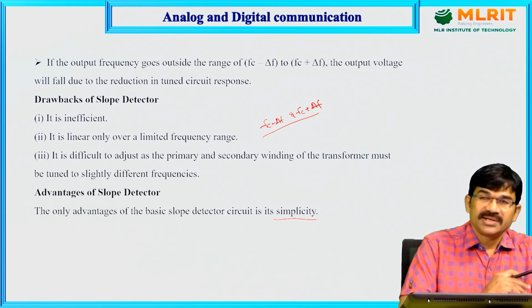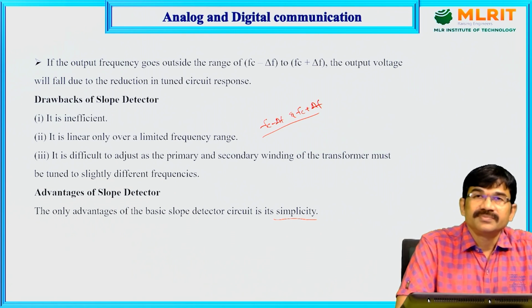In today's class, what is the function of FM demodulation? Demodulation is extracting the original information signal transmitted from the transmitter section.